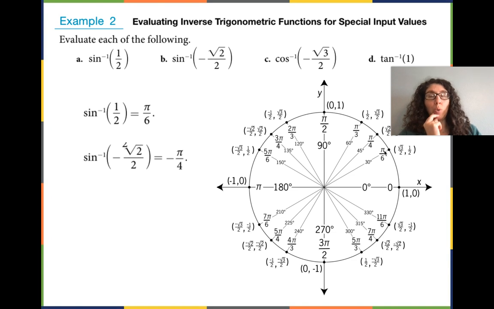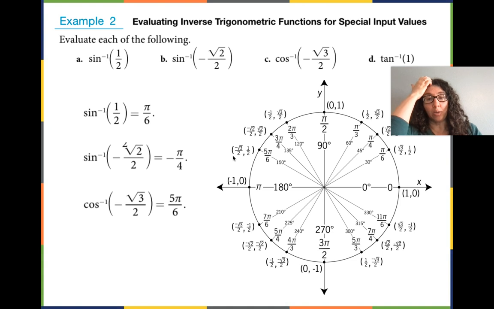So we're talking about cosine, so the negative square root of 3 over 2 is going to be over here. And we're going from 0 to pi, so we could refer to this as 5 pi sixths. So that's going to be the answer. Cosine of what equals negative square root of 3 over 2? The answer is 5 pi sixths.